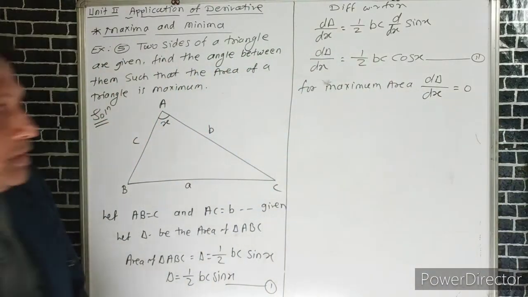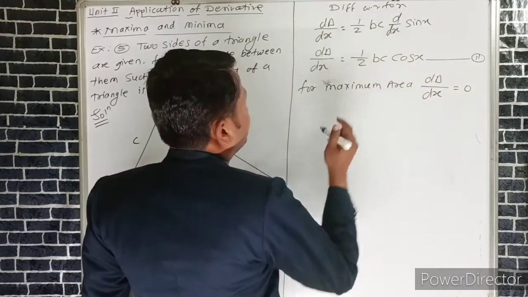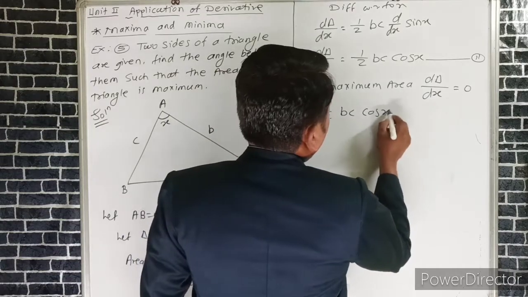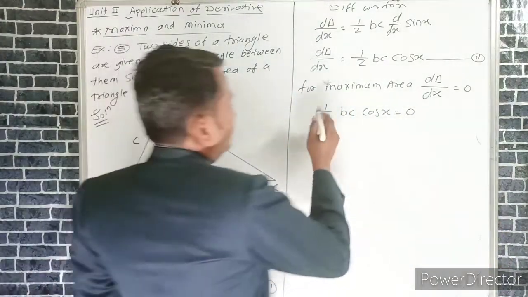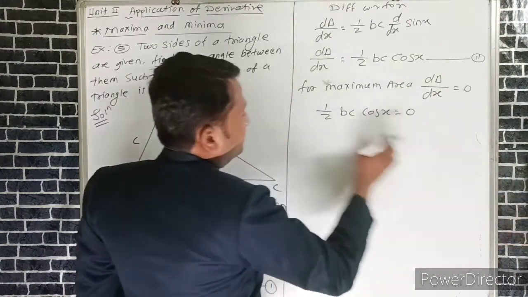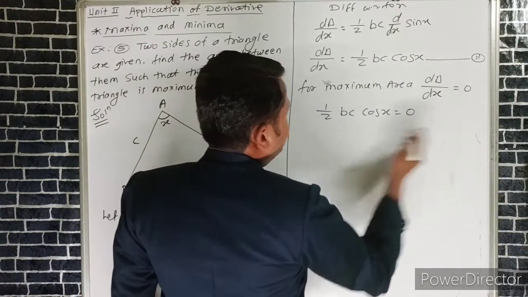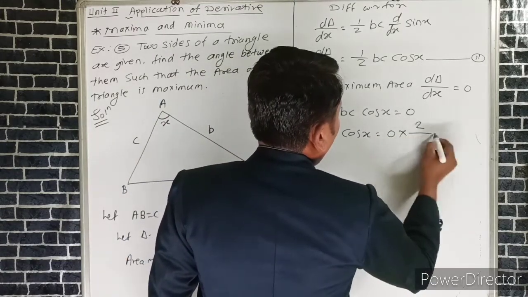If we substitute d del upon dx equals 0 in equation number 2, we can write 1 by 2 bc cos x equals 0. If we transfer bc upon 2 to the right side, we get cos x equals 0 into 2 upon bc.